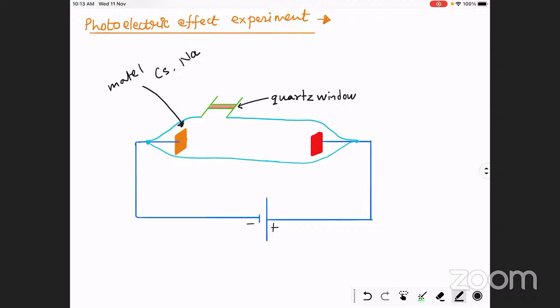Very small energy is required to eject electrons from these two metals. Okay, now imagine some light is coming on this surface. This is known as incident radiation.